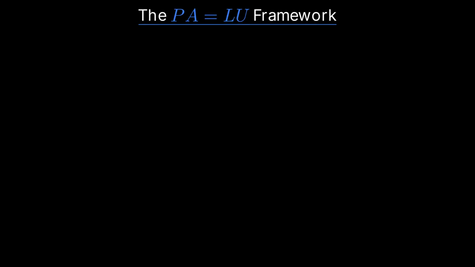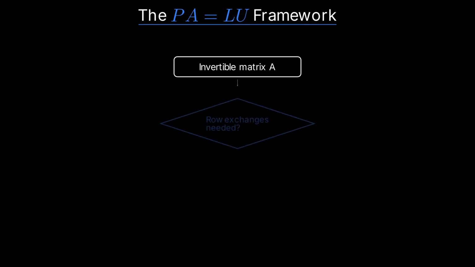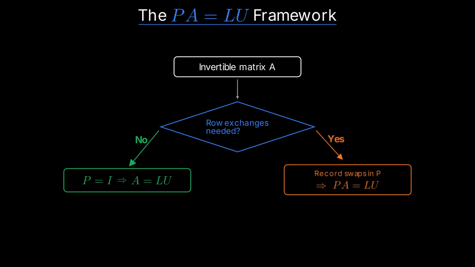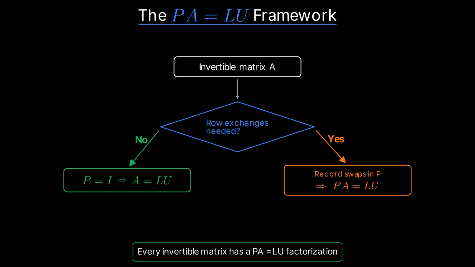Here is the complete framework. Start with any invertible matrix A. Ask yourself, does elimination require row exchanges? If the answer is no, then P equals the identity matrix, and we simply get A equals LU. If the answer is yes, we record the row swaps in a permutation matrix P, and we get PA equals LU. So A equals LU is the special case when no row swaps are needed.